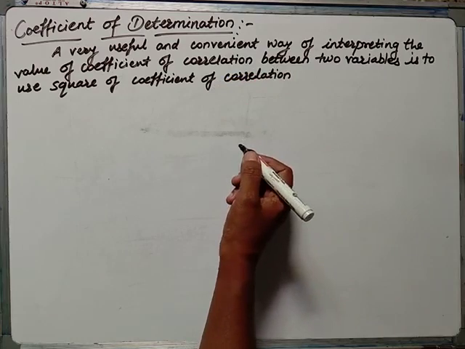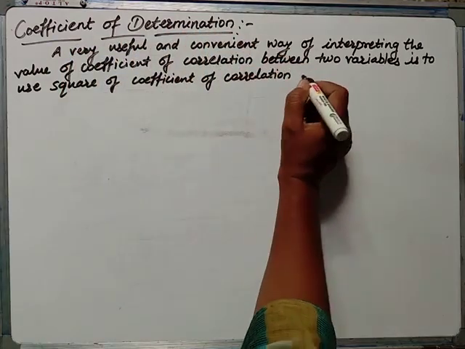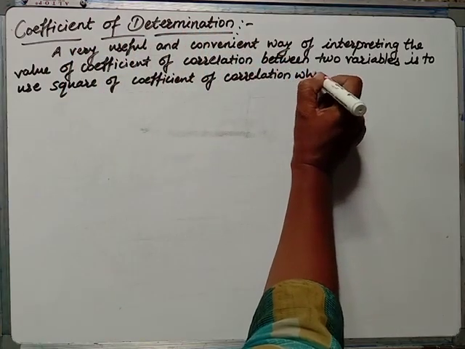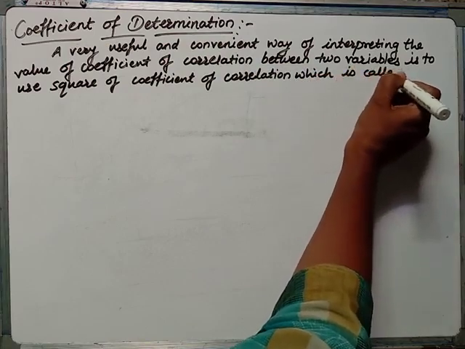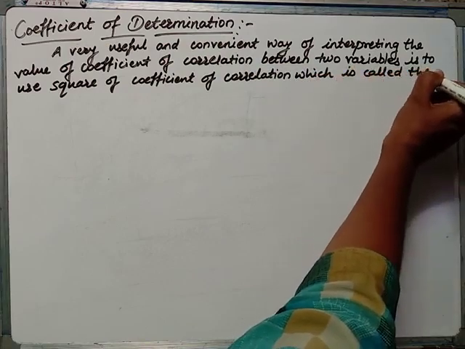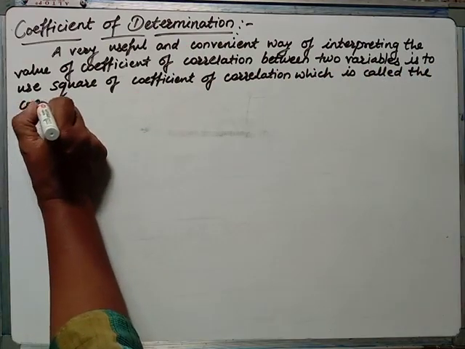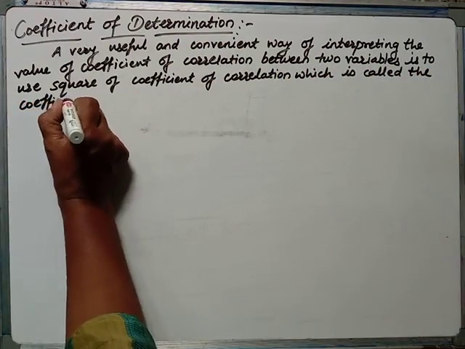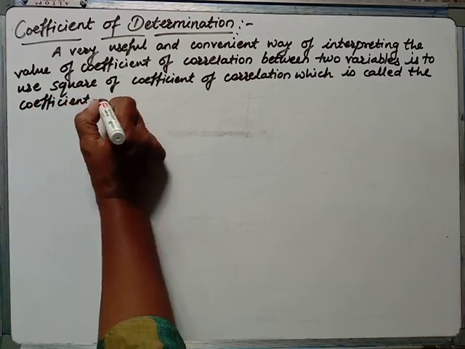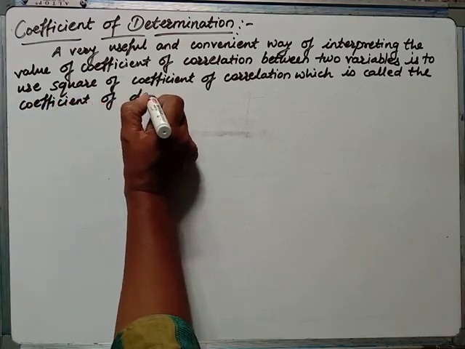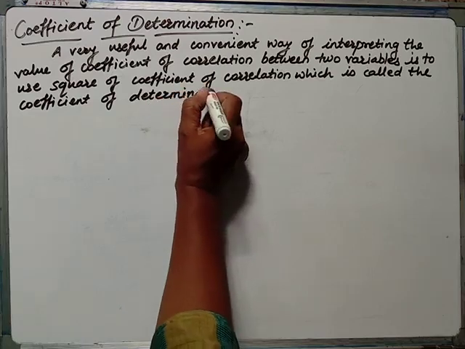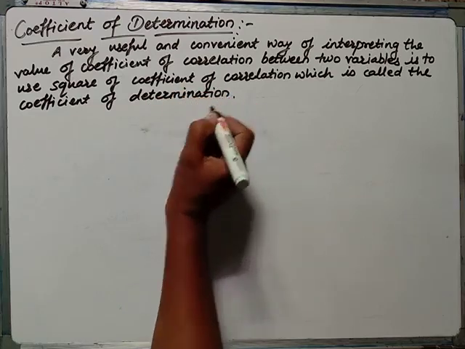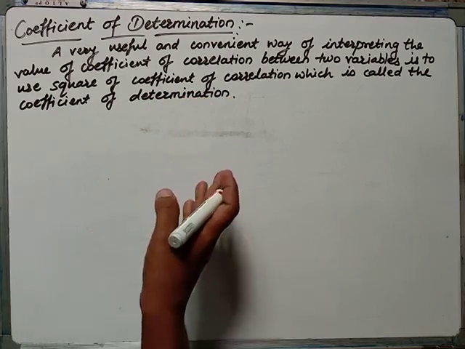that square of coefficient of correlation is known as coefficient of determination. Coefficient of determination, in a simple way I can say it is r square.